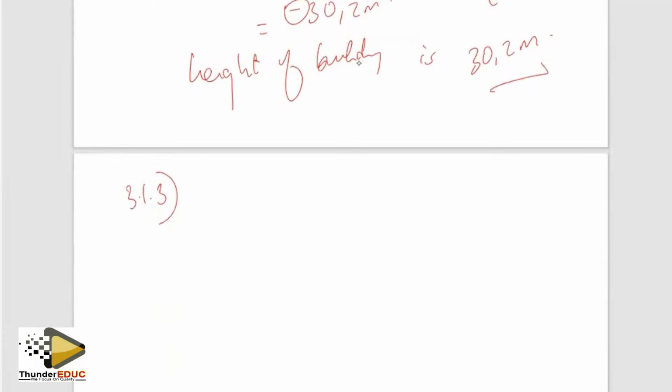So we note that I can use Vf squared is equal to Vi squared plus 2a delta Y, of ball A. So we know that at the maximum height, the final velocity will be 0.